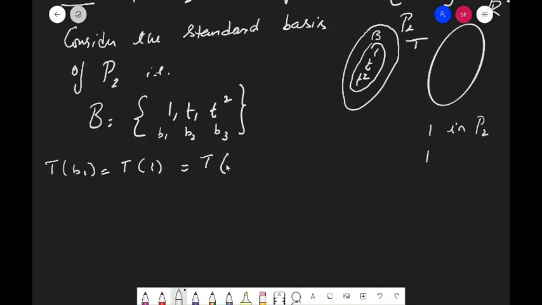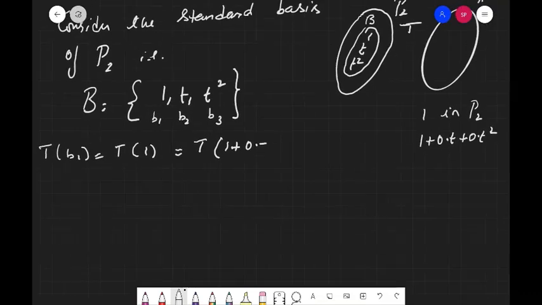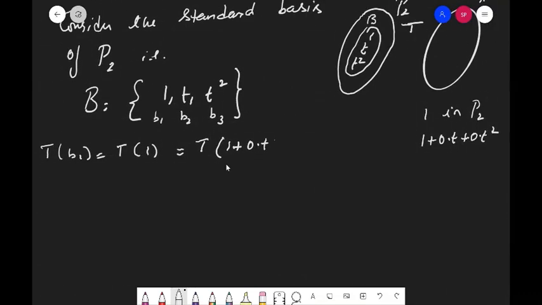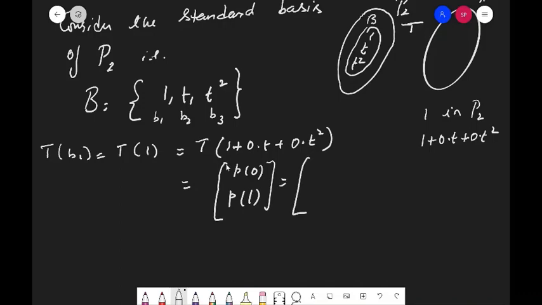How do we write it? 1 plus 0 into t plus 0 into t square. By mapping, it is (p of 0, p of 1). Now what do I mean by p of 0?